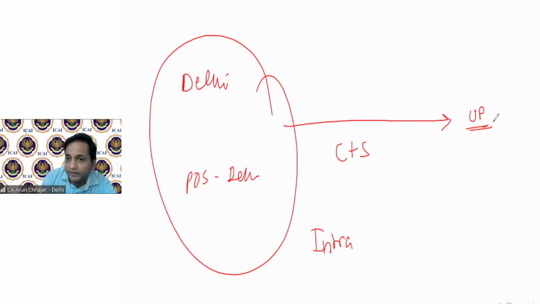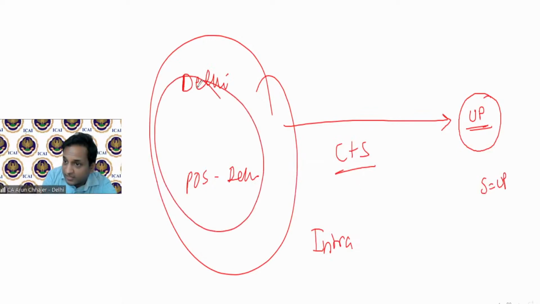In that case, what happened? If this party deducts the TDS of CGST and SGST, then that SGST would be of UP. But this supplier is not registered in UP. It is registered in another state.